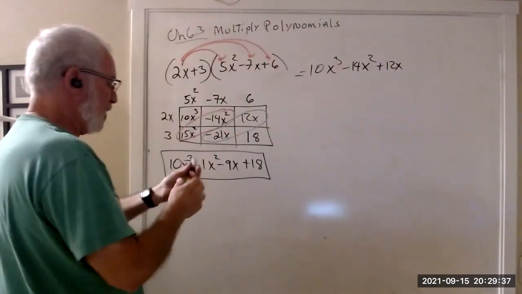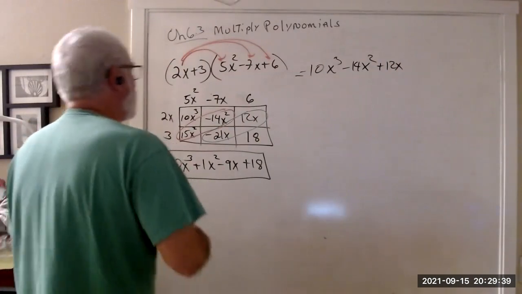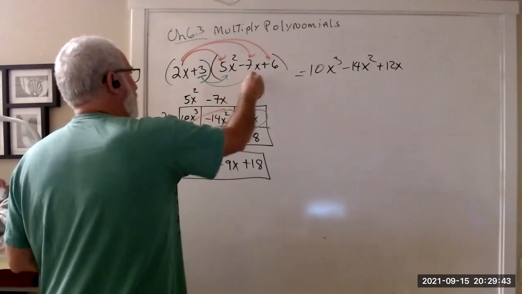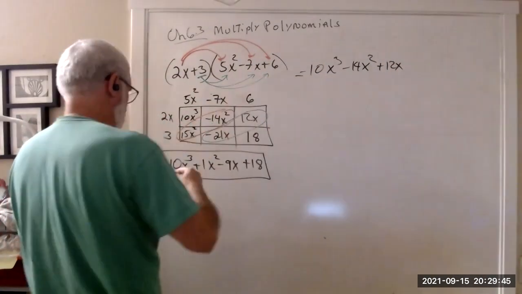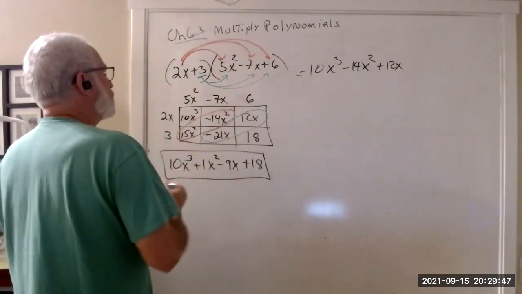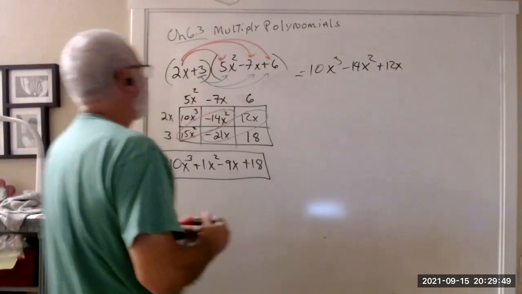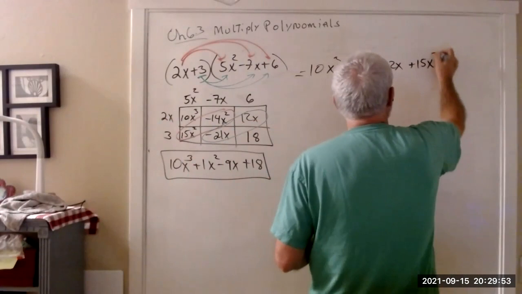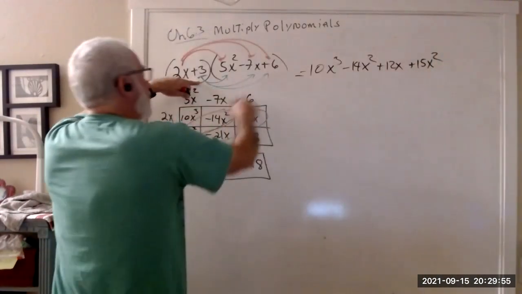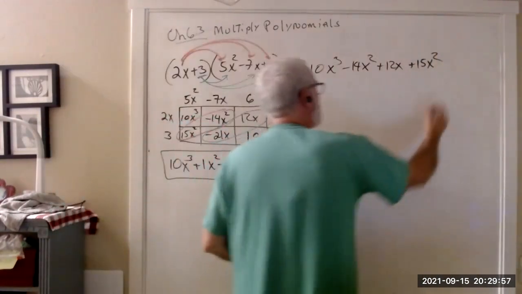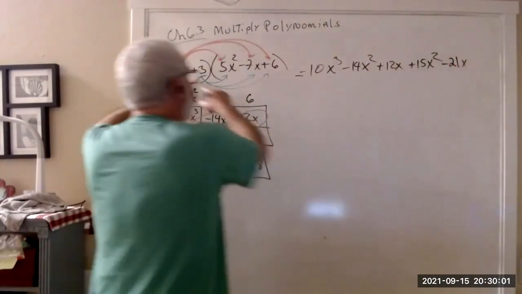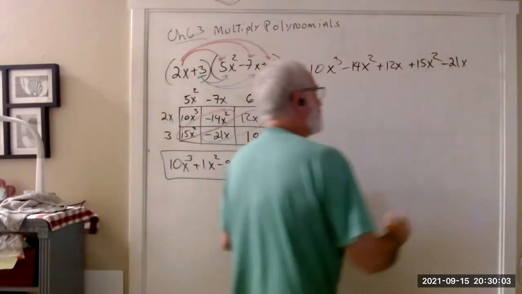And then they usually teach, now we multiply by the 3 times everybody in the back. Okay, so 3 times 5x squared is 15x squared. 3 times minus 7 is minus 21x. And 3 times 6 is plus 18.